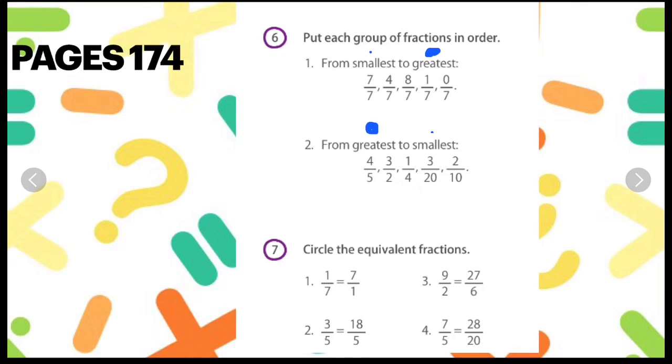For this part, the problem says you have to solve one and then you have to solve problem two the same way, okay. Problem one is telling you from the smallest to the greatest, and problem two is from the greatest to the smallest ones. Problem one has the same denominator, but this one doesn't, so there are different ways of solving it.